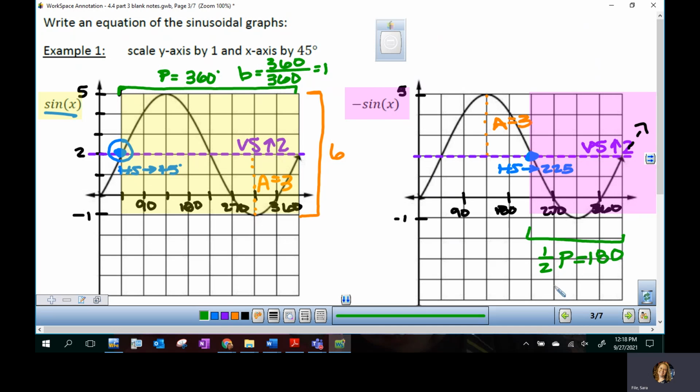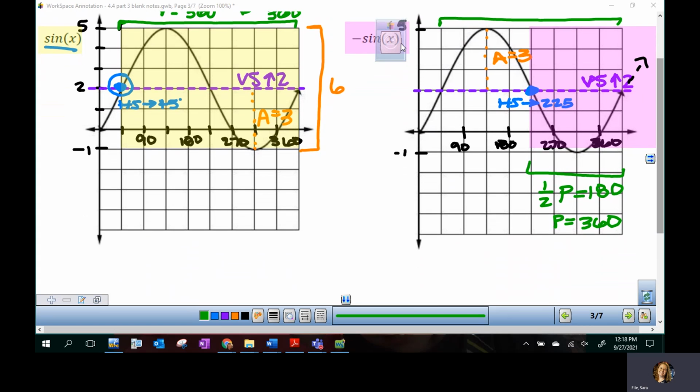Well, if half the period is 180, what would the full period be? 360. So if you only see half a cycle, just double the width. Okay, or measure where you do see a full cycle. It doesn't matter where you measure, as long as you know this is the starting point. Does that make sense?